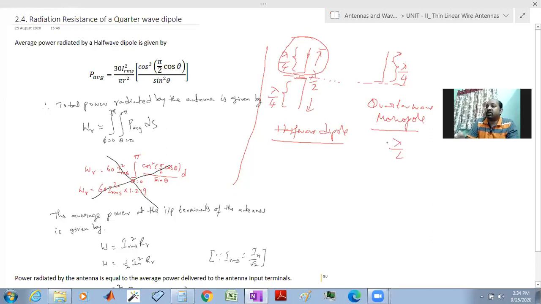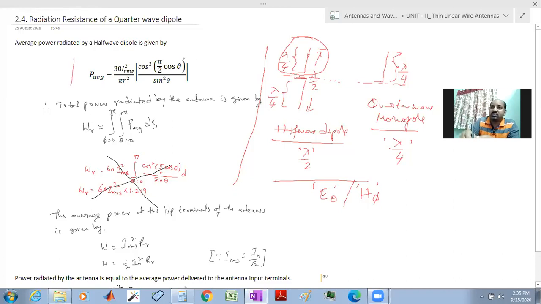That means lambda by 4, and half wave dipole means lambda by 2. So this is the difference between half wave dipole and quarter wave monopole. Therefore, coming to the radiating fields, the radiating fields of a quarter wave monopole and of a half wave dipole are the same, E theta and H phi.